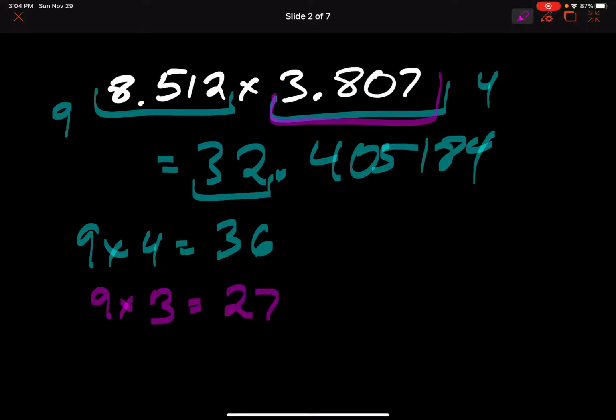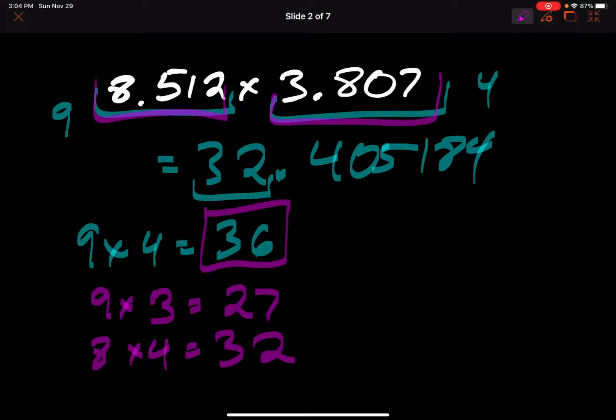And this is going to be 27. Okay? Then I'm going to do the opposite. So I'm going to make this one lower and the other one higher. And that's going to be 32. Now, I knew this number was going to be higher than this because I rounded both of these up.